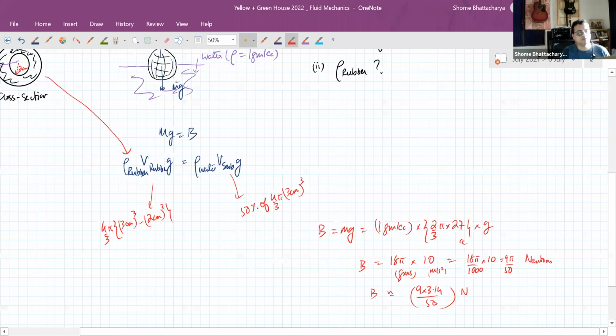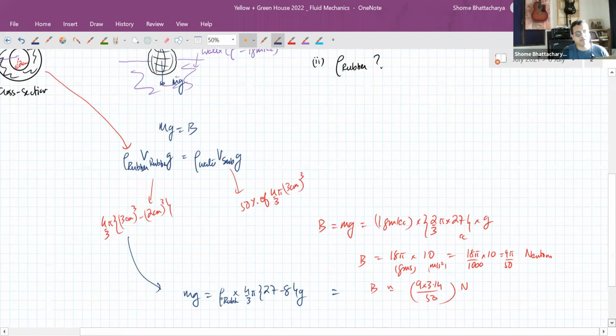Okay. Now similarly, we'll use the fact that mg, which is equal to the buoyant force, is density of rubber into 4 by 3 pi into 27 minus 8 into g. That should be equal to this.